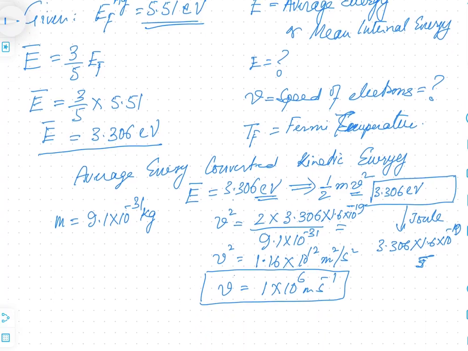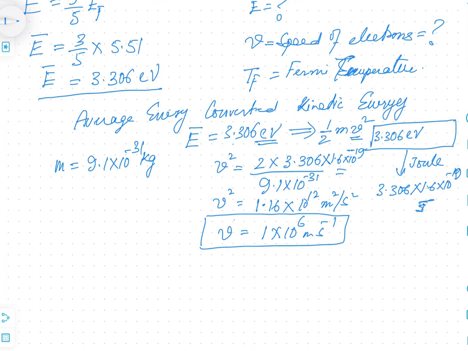The third part is to calculate the Fermi temperature. We know that Fermi energy is given, 5.51. So the Fermi temperature, TF, is equal to Fermi energy divided by the Boltzmann constant.